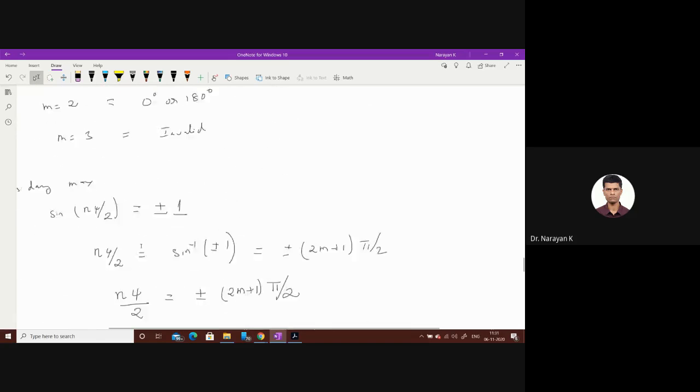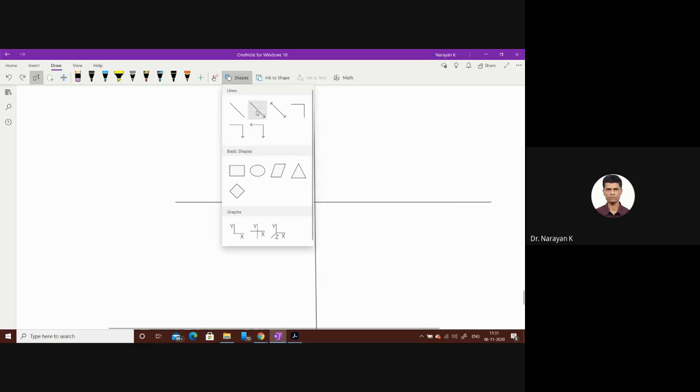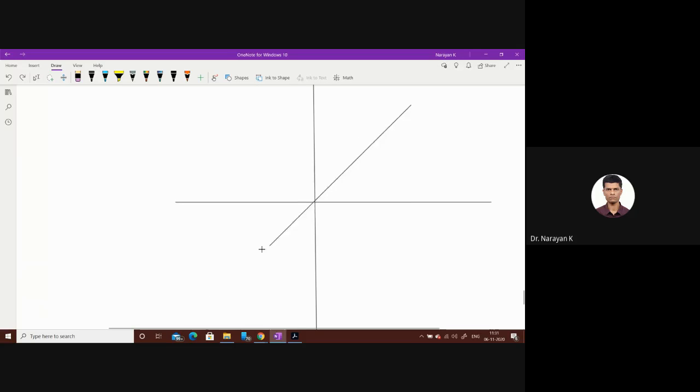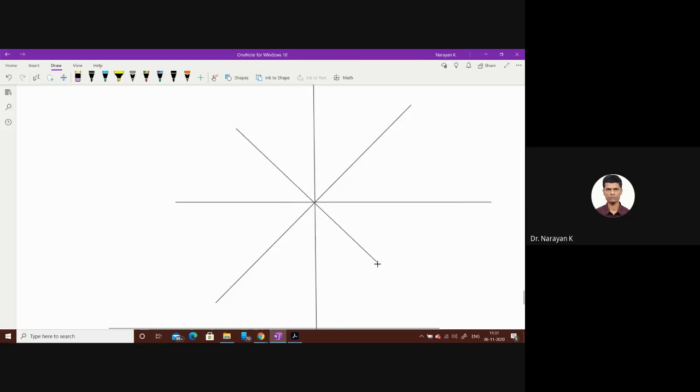So you draw the axis, then draw the axis at 60 degrees like this. Okay, this is your 60 degree axis. Similarly, draw it on the other side. First draw the major lobes at 90 and 270 degrees.